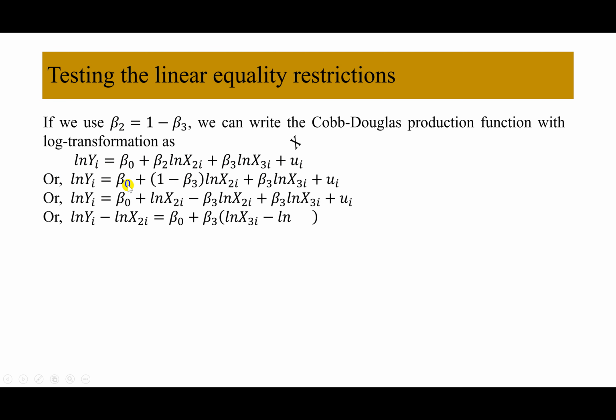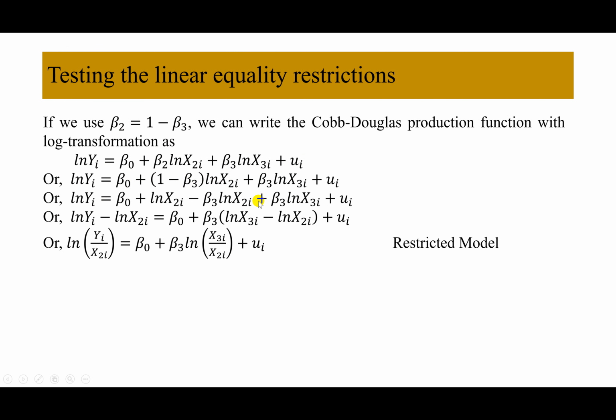Log yi is equal to beta naught plus (1 minus beta 3) into log x2i plus this part. After simplification, we'll get this expression. Log yi divided by x2i equal to beta naught plus beta 3 log x3i divided by x2i plus ui.